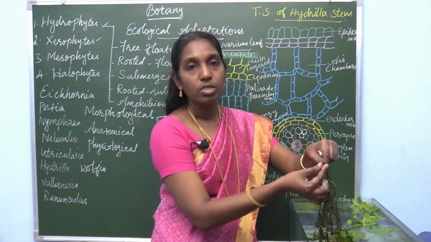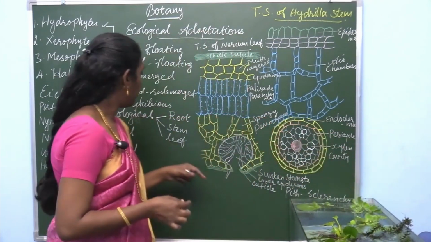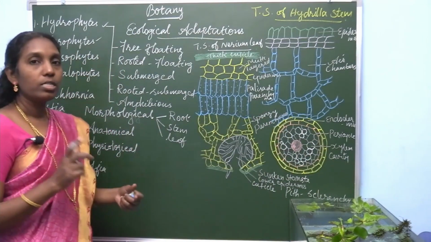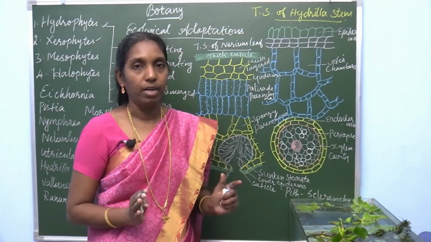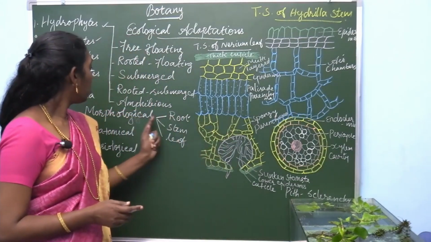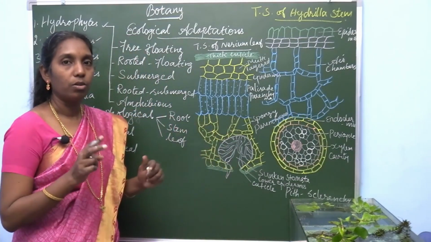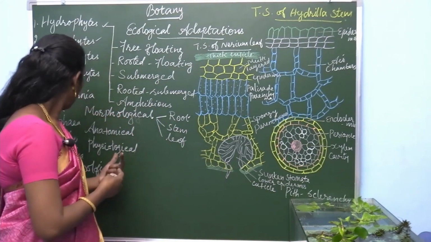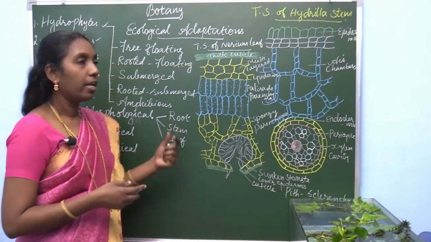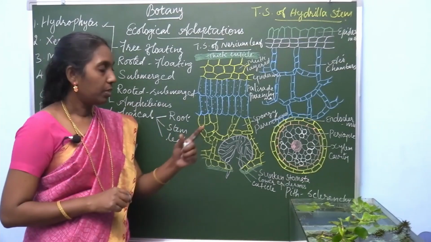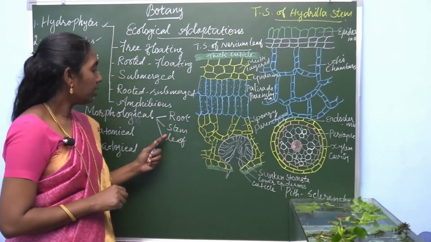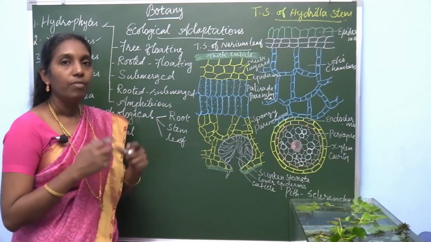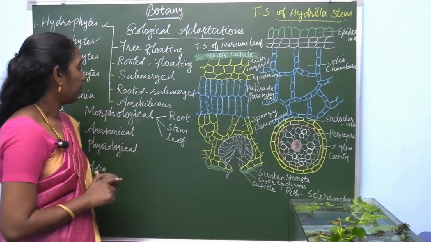And Ranunculus is the plant where the root is well developed. So, when you write about the root morphological characters, the root is completely absent in Wolffia, poorly developed in Hydrilla, a rooted submerged hydrophyte, and well developed in Ranunculus.